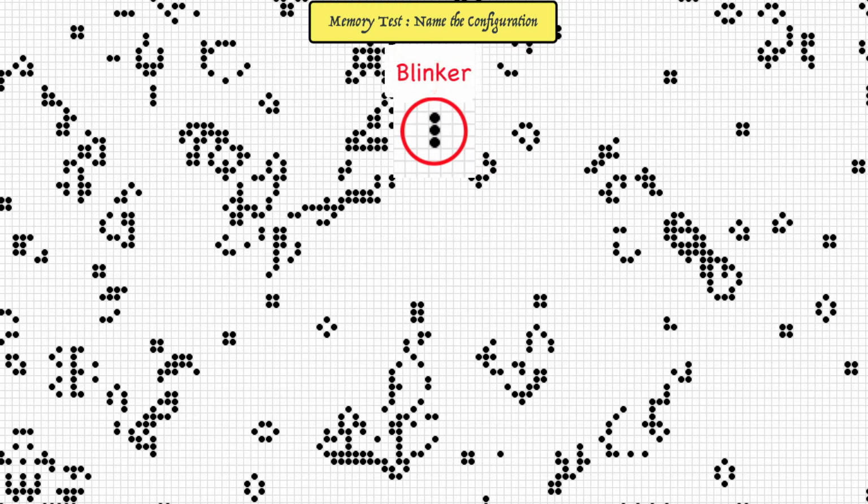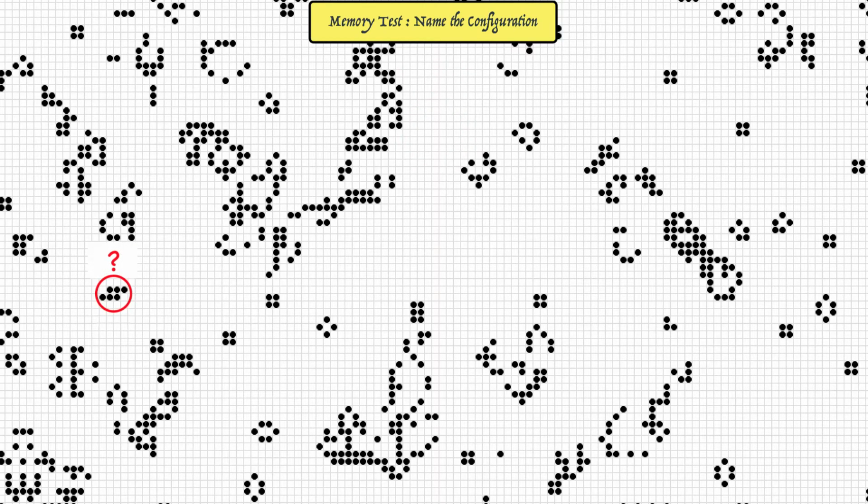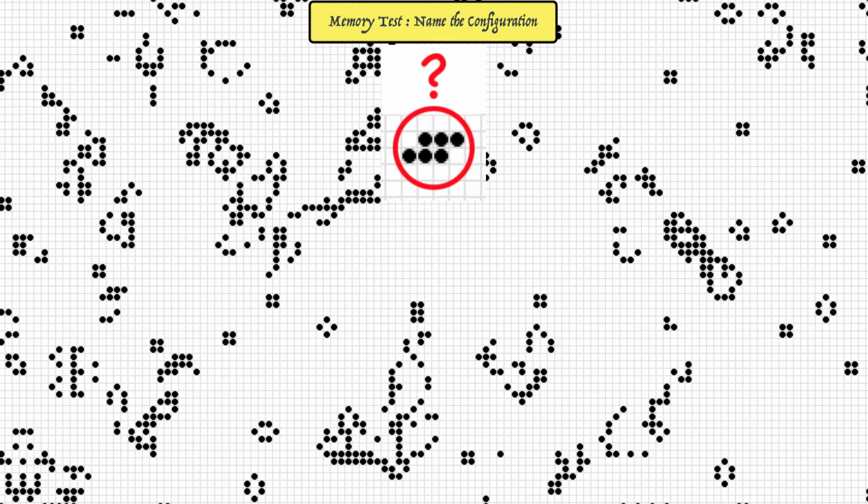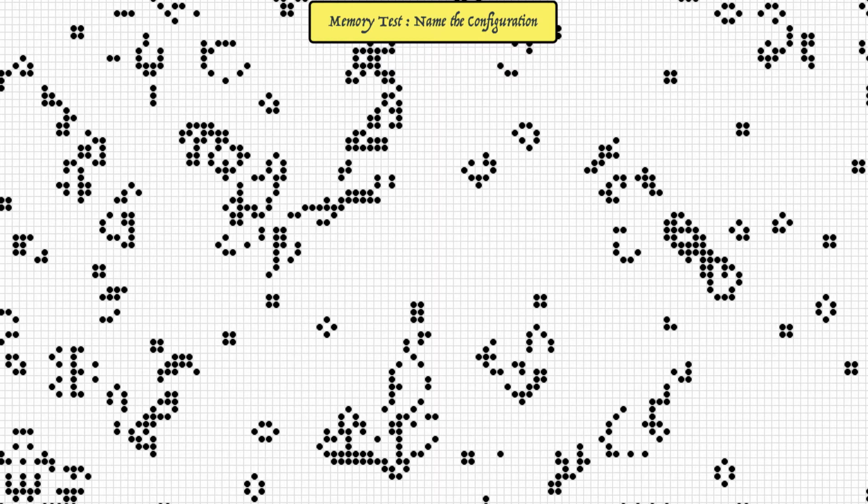And that's a very common blinker, oscillator, period 2. And then number 7. Another oscillator, the toad, period 2. So these are fairly familiar.